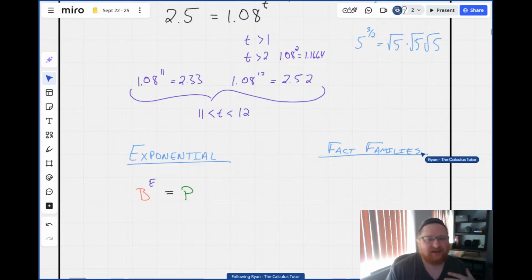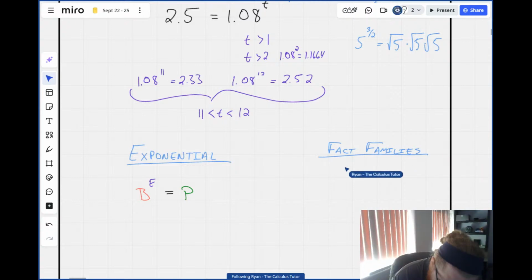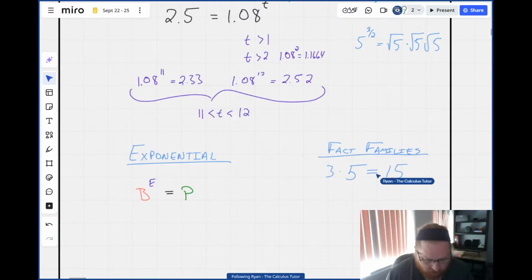Fact families are the idea that when you combine two numbers with a math operation and it equals some third number, the relationship between those three numbers can be expressed in multiple ways. The example I like to give is 3 times 5 equals 15. I think we can all agree that that's true.